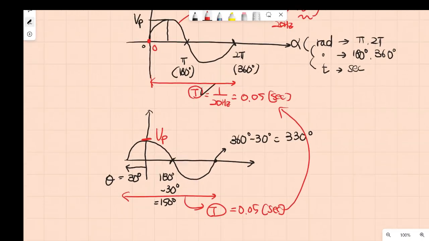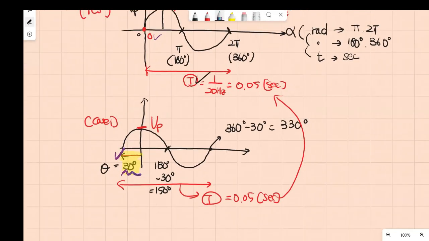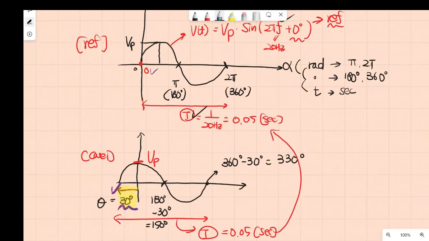So this is the reference, and this is case one. In case one, the graph shifts to the left by 30 degrees from the reference one, whose phase is 0. Going to the left means it arrives earlier.